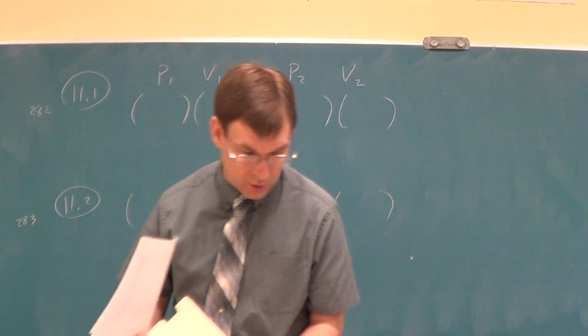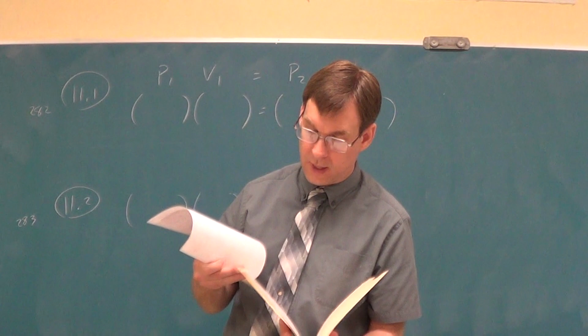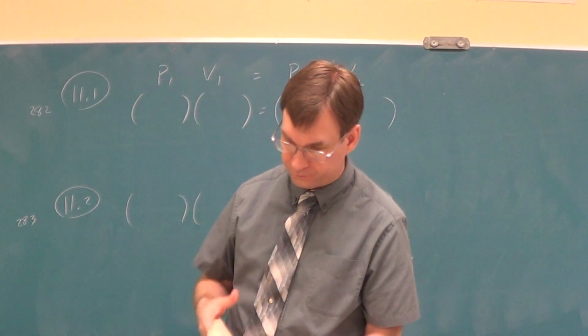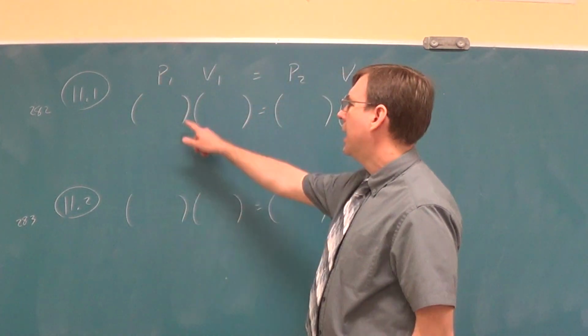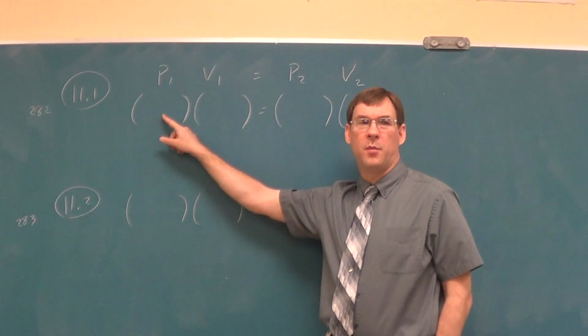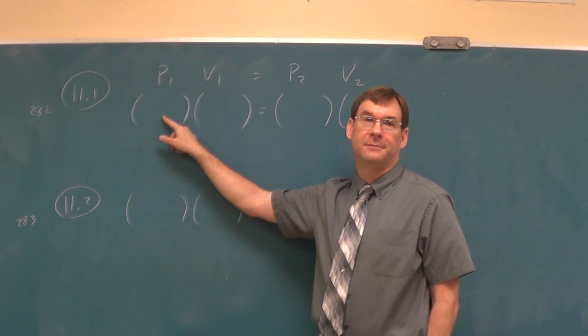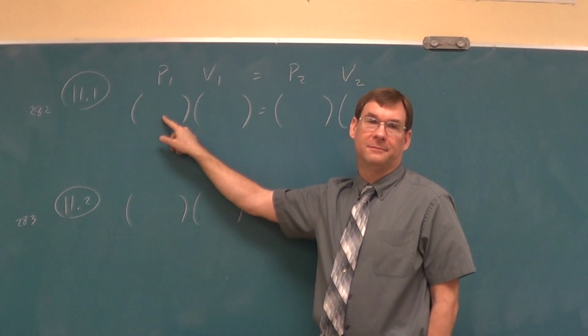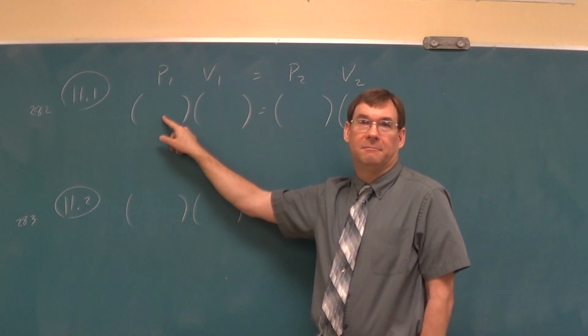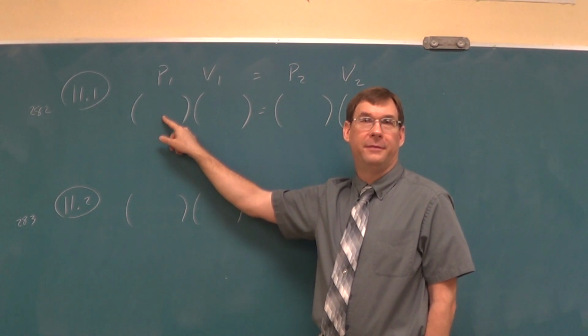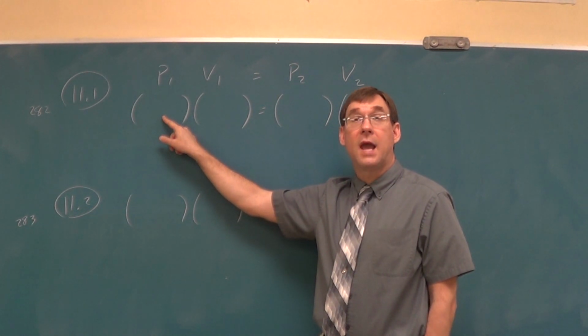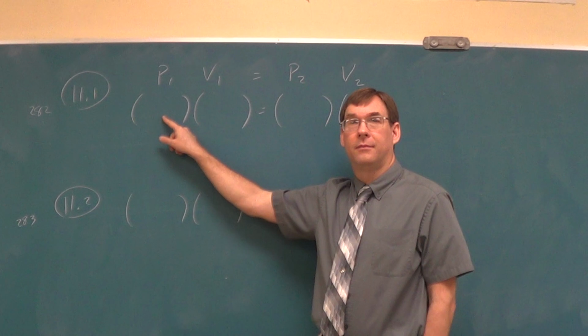Math examples, if you want to join me on page 282, that's where I am. How do you know a pressure when you see it from a paragraph? You would have a unit, like PSI.